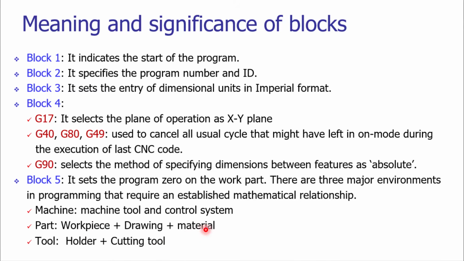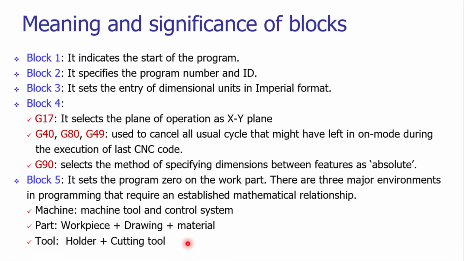And the third is the part. So part is the workpiece, its drawing and the material. So we need to have a communication between these three units, and we should establish the mathematical relationship. The success of the CNC part programming is dependent upon that relationship only.